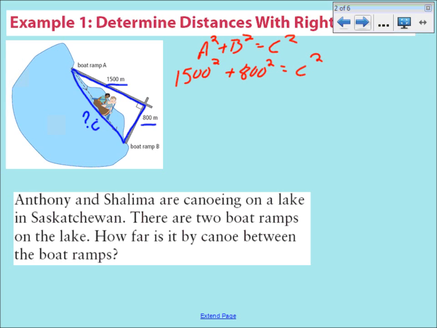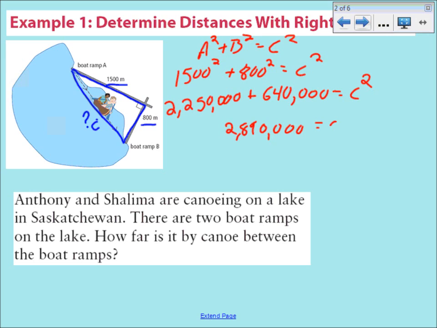1,500 squared is 2,250,000. 800 squared is 640,000. When you add those 2 up, we get 2,890,000 equals c squared.